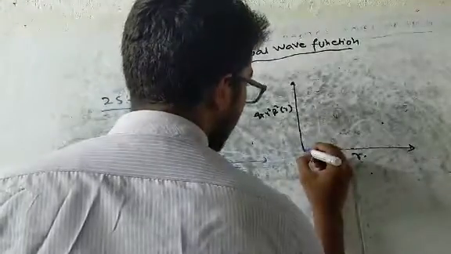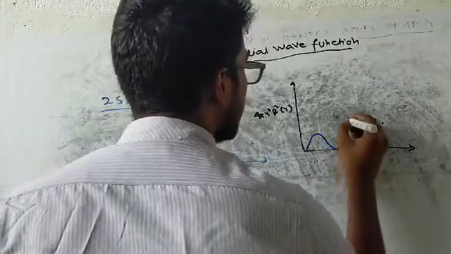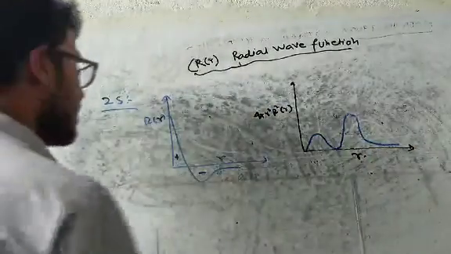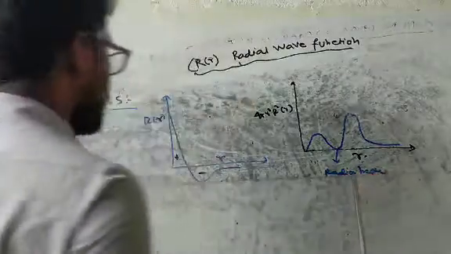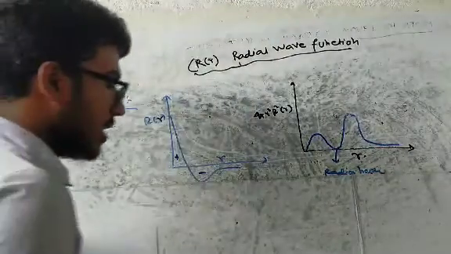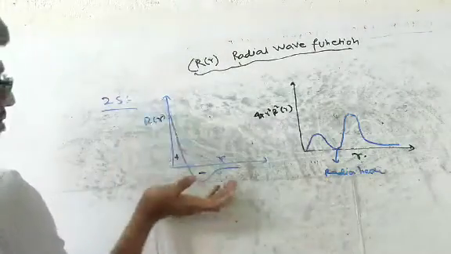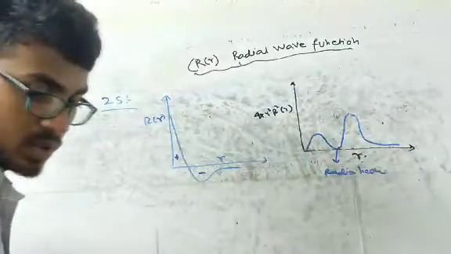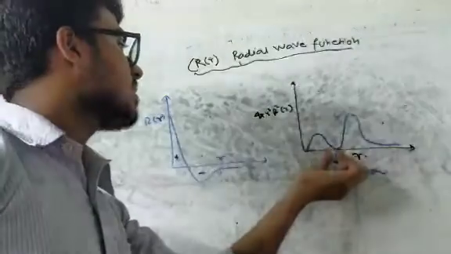The graph will start, touch the axis one time at the radial node, and then rise again. No negative part is found, all the phases are positive, because I am squaring the radial wave function. So the second part is also positive. The important matter is that the curve touches the r axis only one time.